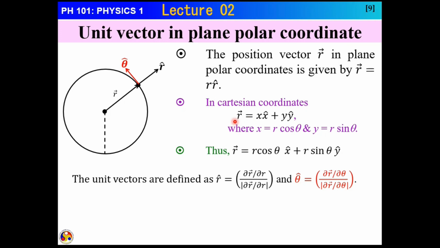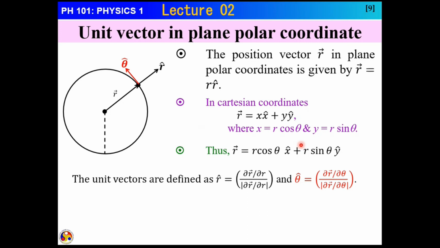If we do del r by del x, you will be left with x cap only, and x cap already has magnitude 1, so you don't have to divide. This is the mathematical way of writing the unit vector.